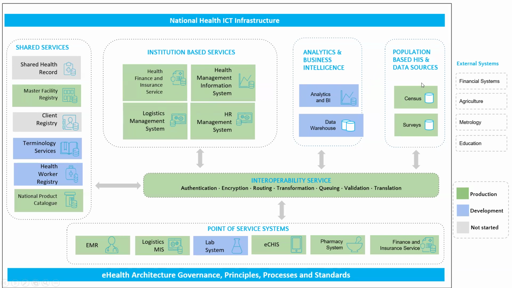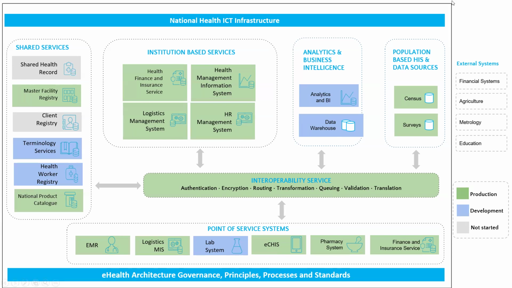We have population-based HIS data sources that we are going to use, and we also have points of service, which come directly to the patient or the user. We have EMR, logistics MIS, lab system, eCHIS, pharmacy system, and finance and insurance systems. These systems should go through the interoperability service that we have in the country. Here, authentication, encryption, routing, transformation, queuing, validation, and transaction have already been done.